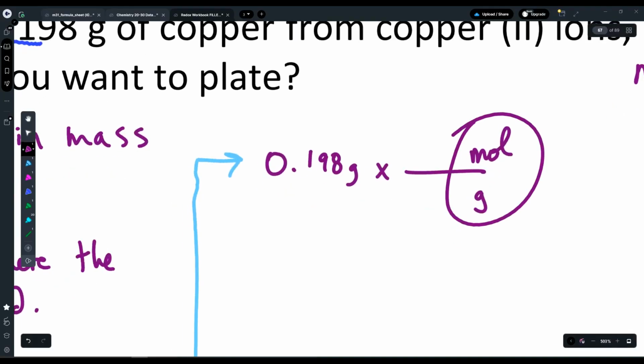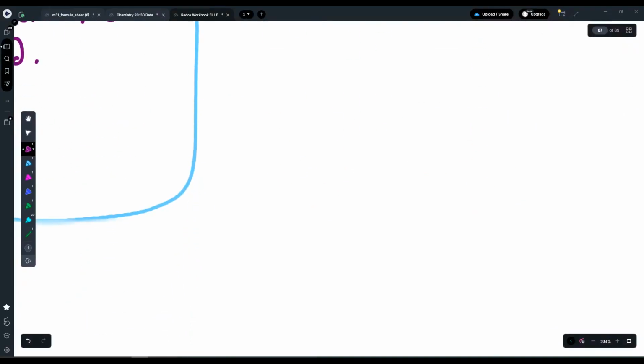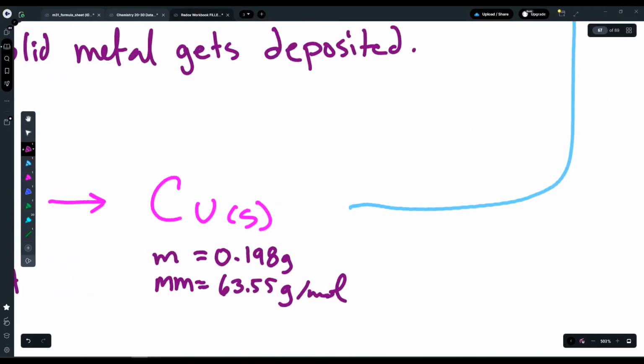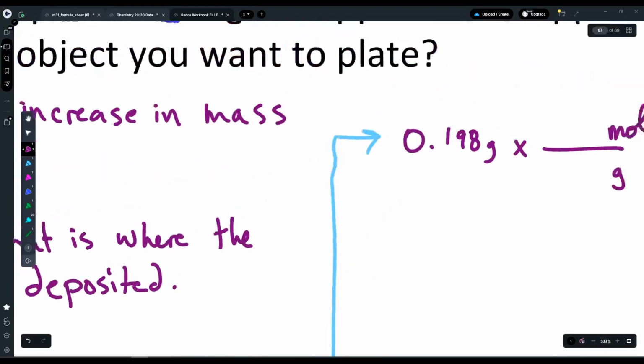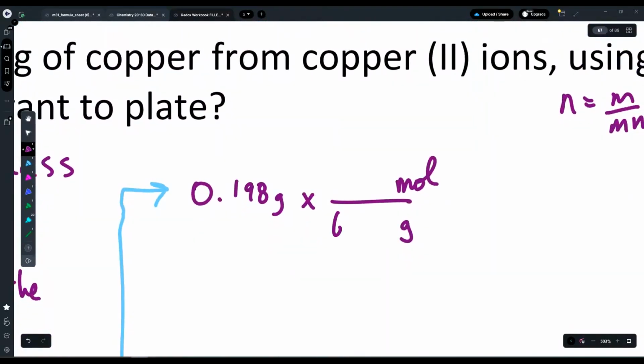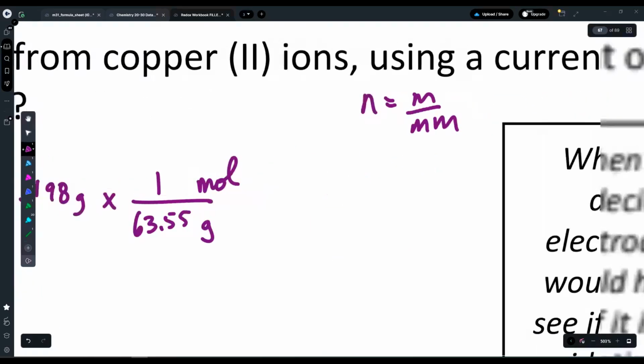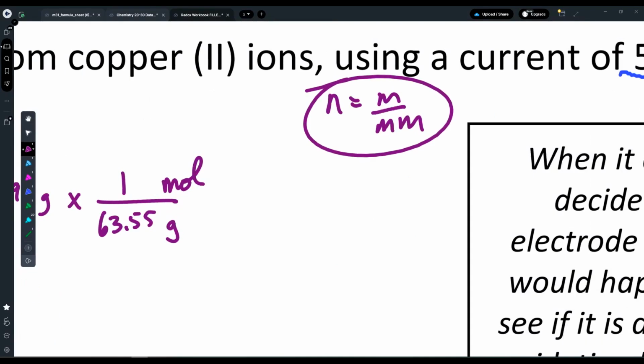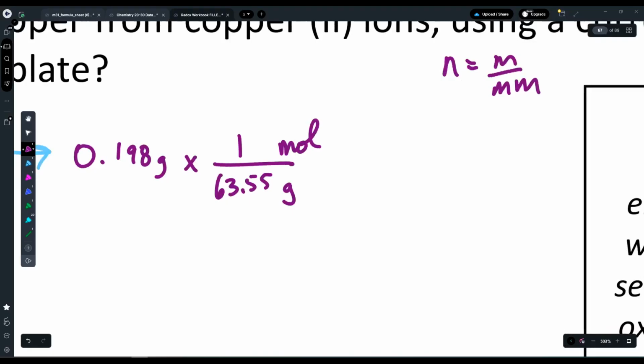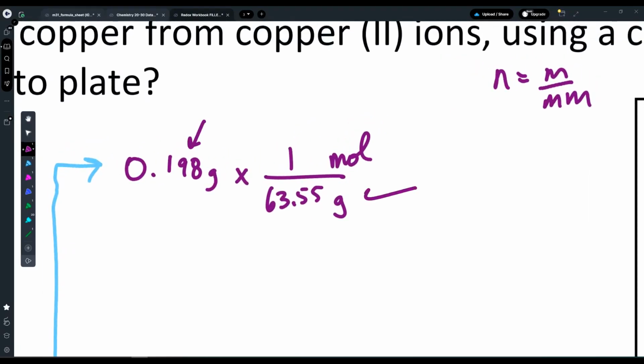So this is just molar mass here. So my molar mass was 63.55. That's going to go where the grams goes. Okay, so what this is saying is take this number, multiply it by 1, and then divide by 63.55, which is the same thing that you're doing in the formula. You are just taking this number, dividing it by 63.55.